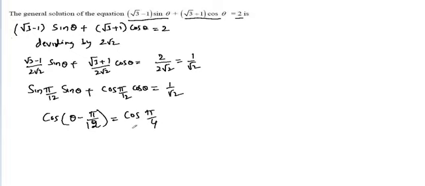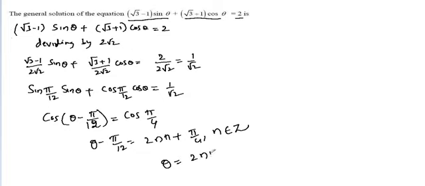So cos theta is equal to cos alpha, therefore theta minus pi by 12 is equal to 2n pi plus or minus pi by 4, where n belongs to Z. Therefore the value of theta is equal to 2n pi plus or minus pi by 4 plus pi by 12, where n belongs to Z.